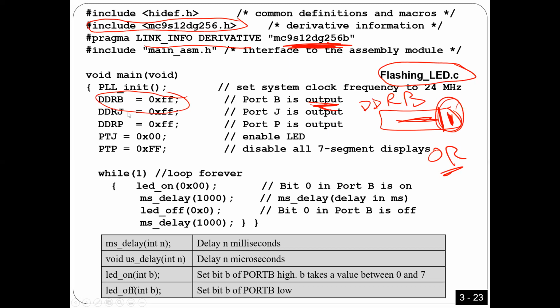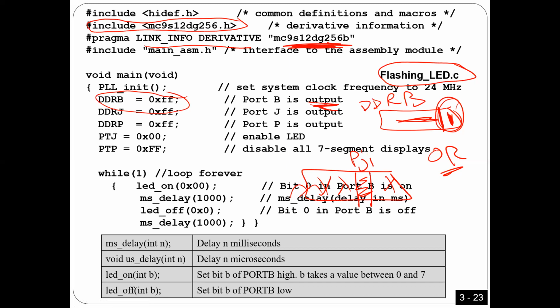Maybe it's here, it's not a big deal. It doesn't make a difference here because I only care about VG1, and I'm not going to use the other ones. So if you configure the other ones as input or output, it's not going to make a difference.